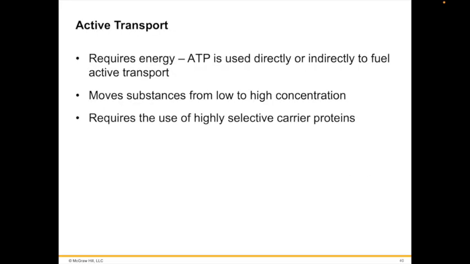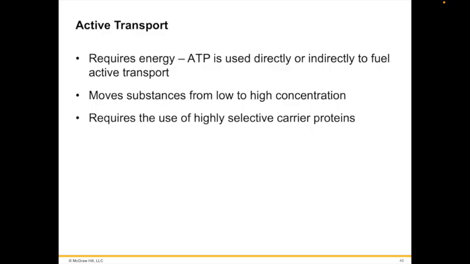Diffusion, facilitated diffusion, and osmosis are passive transport processes that move materials down their concentration gradients. But cells can actively move substances across a cell membrane up their concentration gradients. This process requires the expenditure of energy, typically from ATP, and is therefore called active transport.